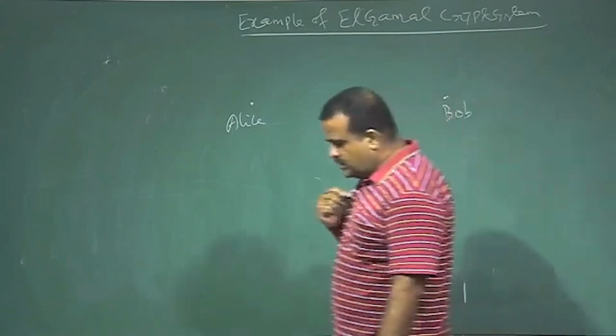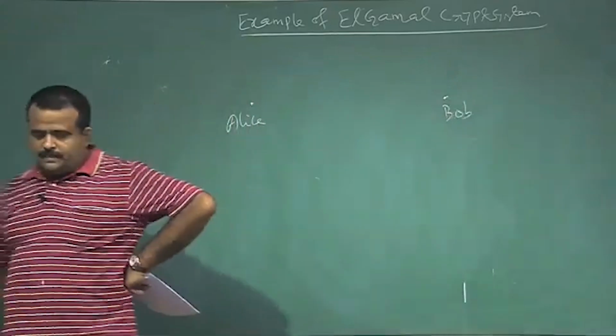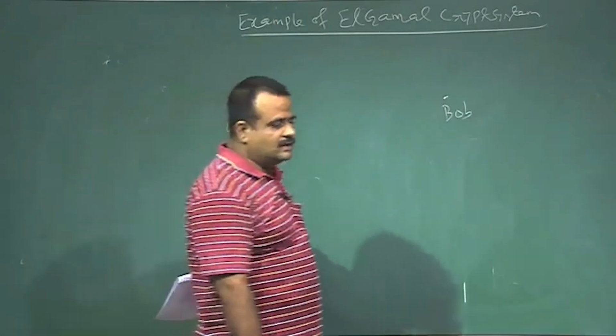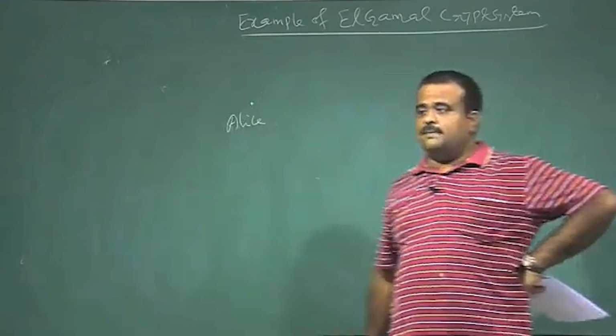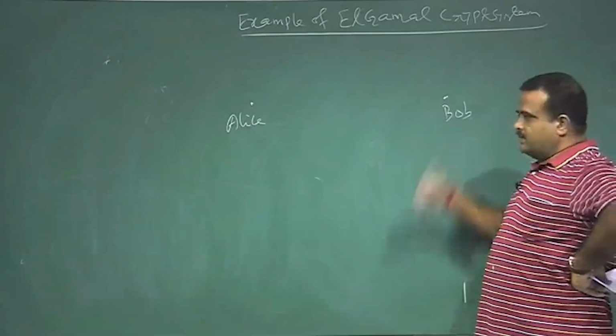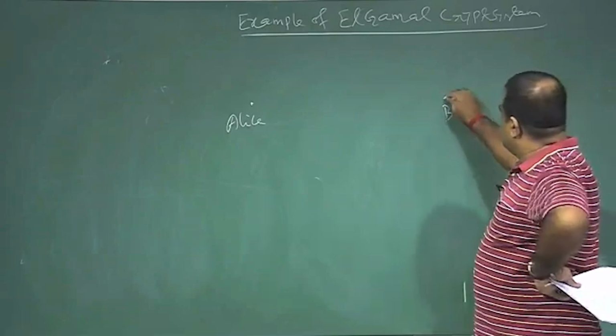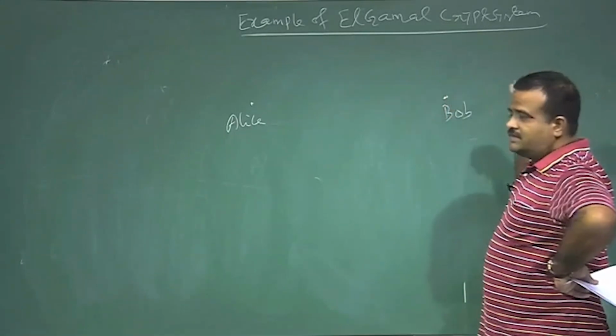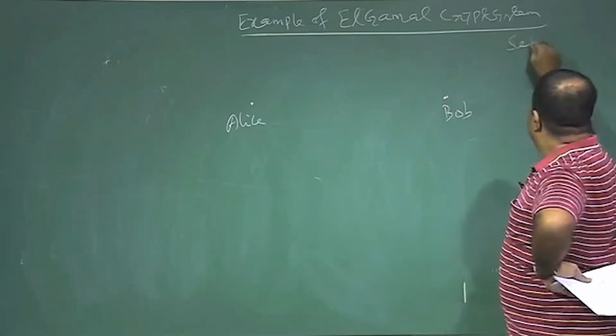Bob has to generate the public key and private key pair and make the public key public, so that Alice can encrypt the message using Bob's public key. So this setup has to be done by the receiver.